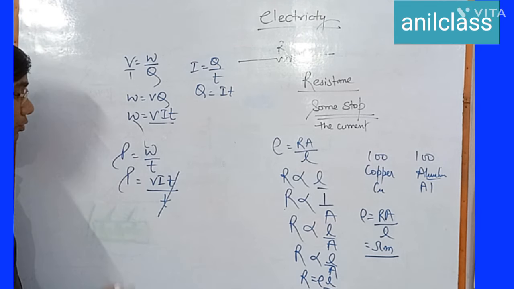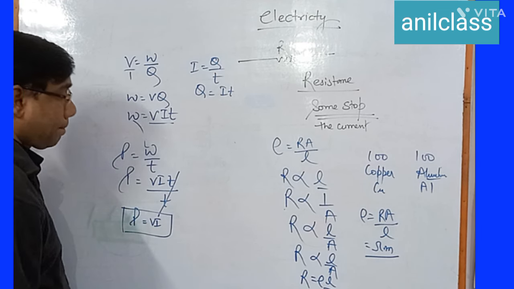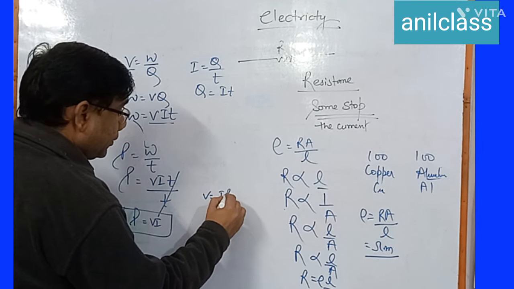Now P is equal to VI, the first formula, and also V is equal to IR.